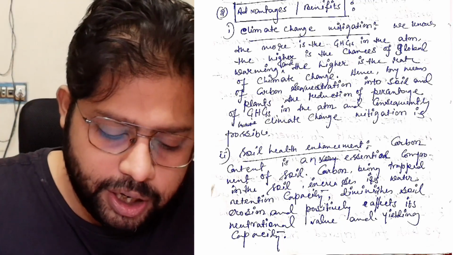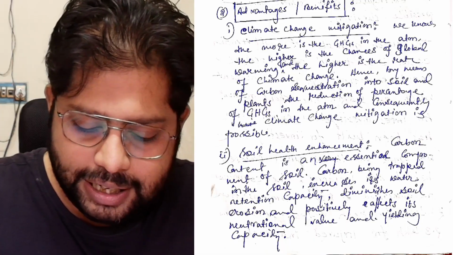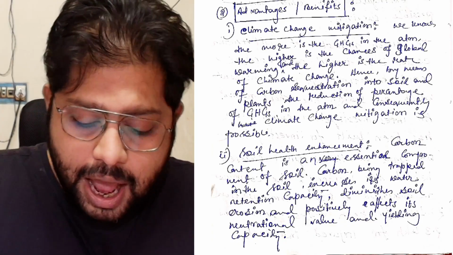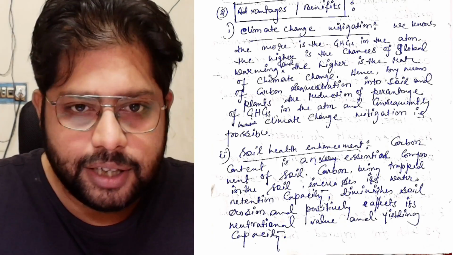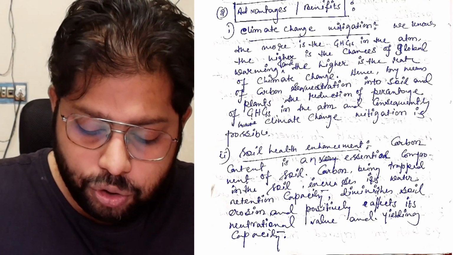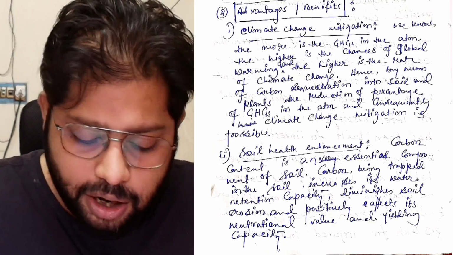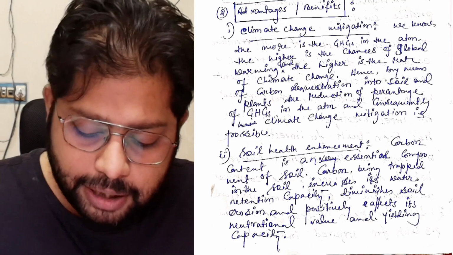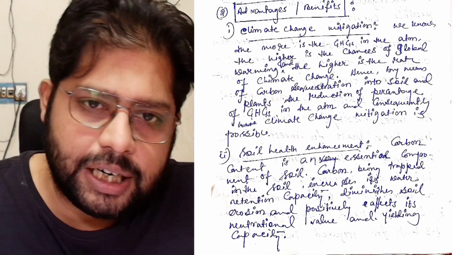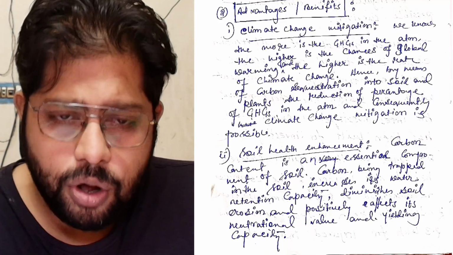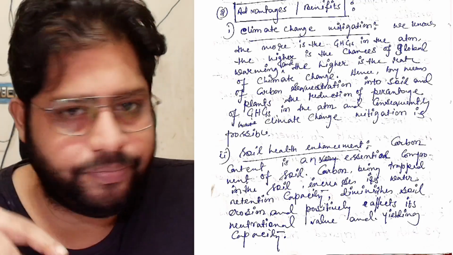We know the more greenhouse gases in the atmosphere, the higher the chances of global warming, and the higher the rate of climate change. Hence, by means of carbon sequestration into soil and plants, the percentage of greenhouse gases in the atmosphere is reduced, and consequently climate change mitigation is possible. So the objective is to reduce the CO2 from the atmosphere and trap it in our plants and soils.